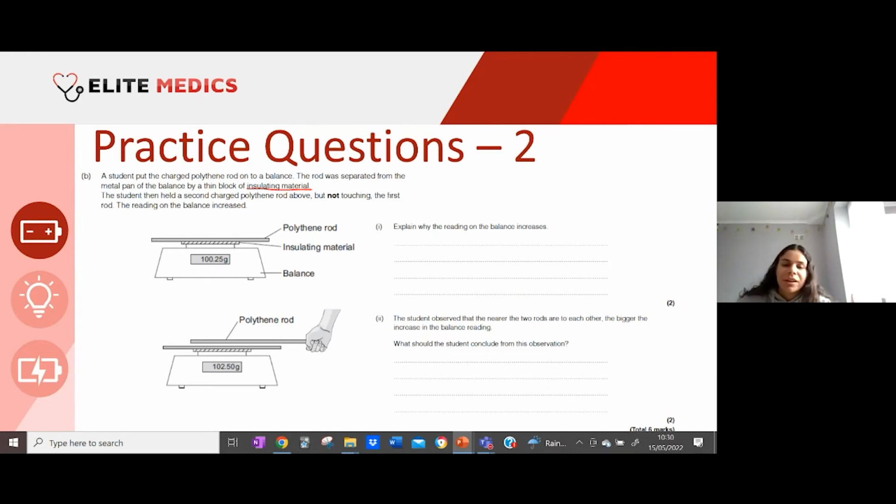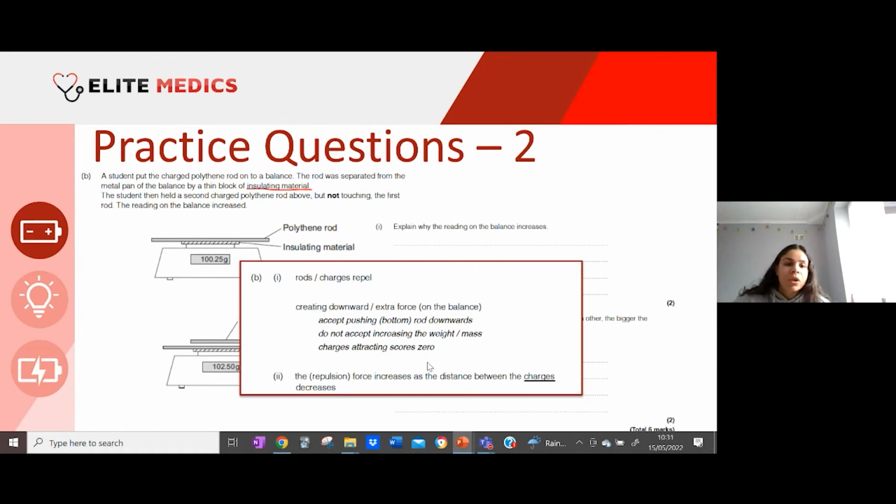Okay, so hopefully you're ready. Explain why the reading on the balance increases. So we've got the rods repelling each other. We've got two rods with the exact same charge. We just gave them a negative charge. So if we hold something here with a negative charge on it as well, our like charges are going to repel each other.